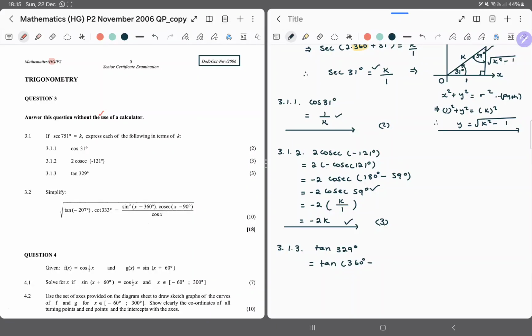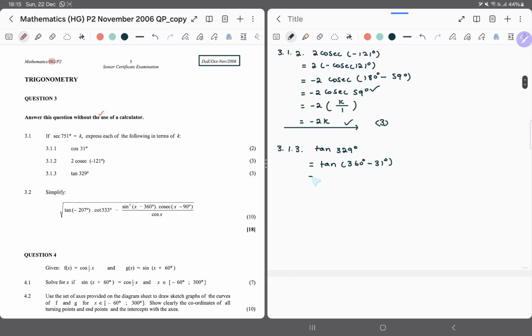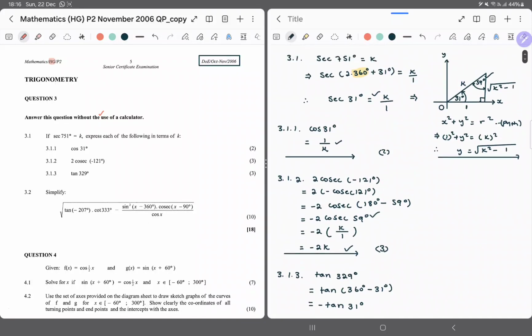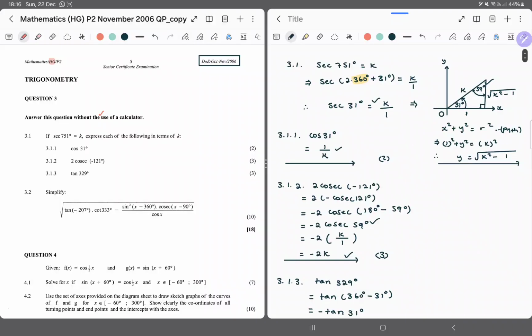Yes, it's the one. So minus 31 degrees. Now we sort it out. Now tan is negative in the fourth quadrant. So this is what we do, and we sort it out.